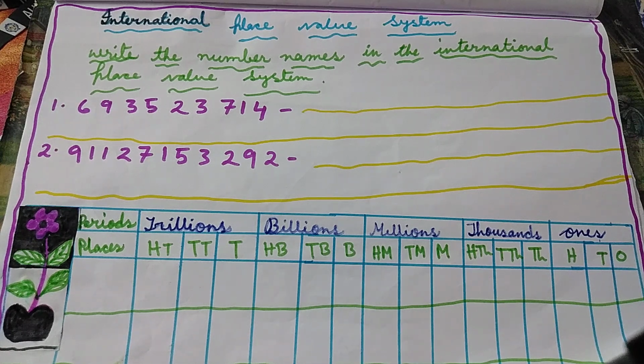Children, in our previous class, we learned about the International Place Value System or International Numbering System. Okay. Today, in our class, we will learn how to write a number in words by the International Place Value System.